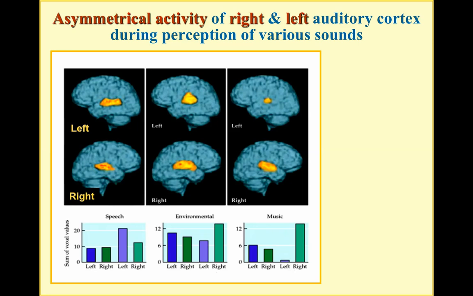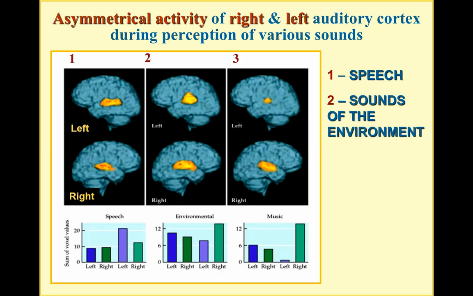And the difference is also shown in columns of figures beneath. And so 3 types of sounds were chosen. First, sound of speech. Second, sounds of the environment, which means nature sounds like wind, the rustling of leaves and so on. And music. And observe which hemisphere participates in perception predominantly.